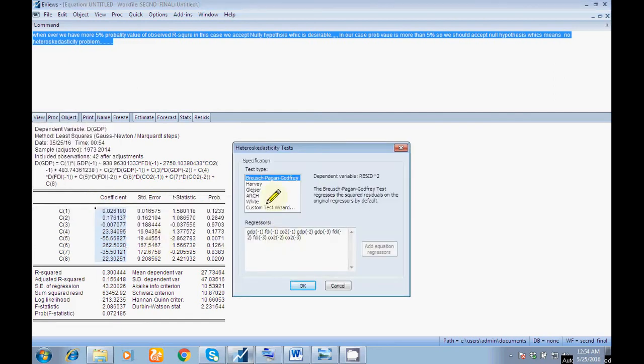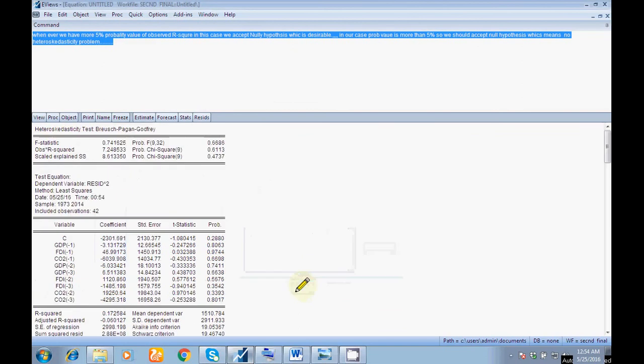Again you can see we have the Breusch-Pagan test, ARCH, White, etc. Select Breusch-Pagan. Again we have this value. The probability value is more than 5%, so I accept the null hypothesis, which means there is no heteroskedasticity problem.